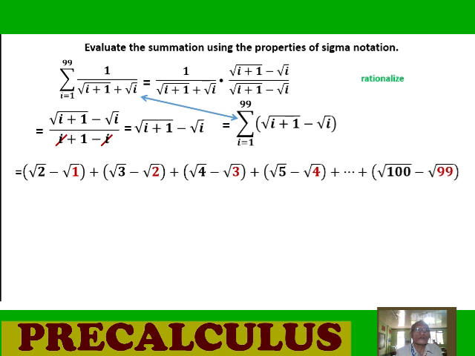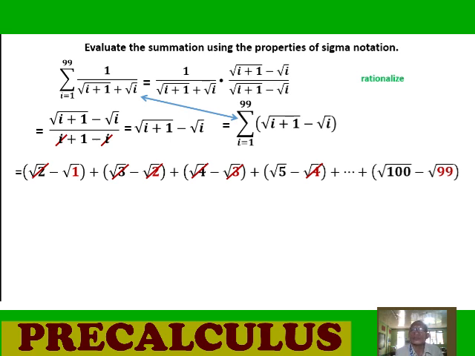There are terms which are opposite in sign, like positive square root of 2 and its opposite, negative square root of 2, positive square root of 3 and negative square root of 3, square root of 4 and negative square root of 4. Take note that the second term in its parenthesis is the one that is being cancelled.